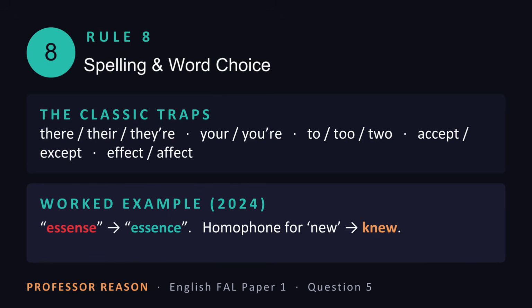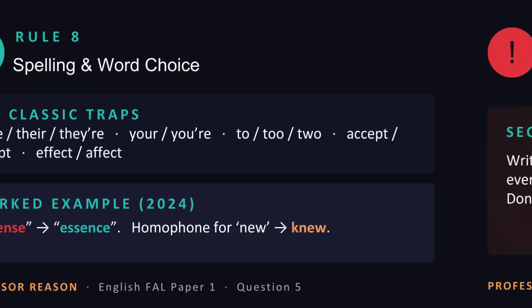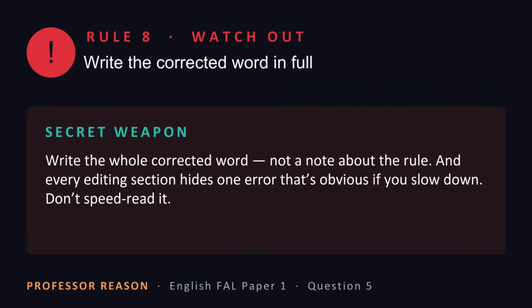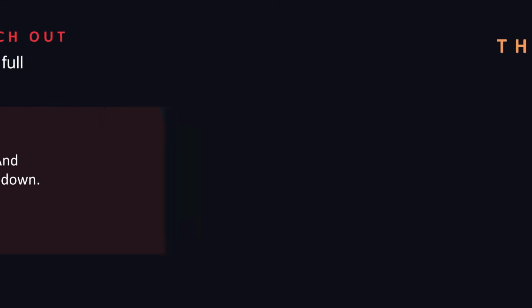So 2024 tested essence with an S, corrected to essence with a C, and a homophone for new, like knew. My secret weapon: write the corrected word in full, not a note about the rule. The examiner wants the right word on the page. And every editing section has one error that is obvious if you slow down. Don't speed read it. These are marks, not a race.